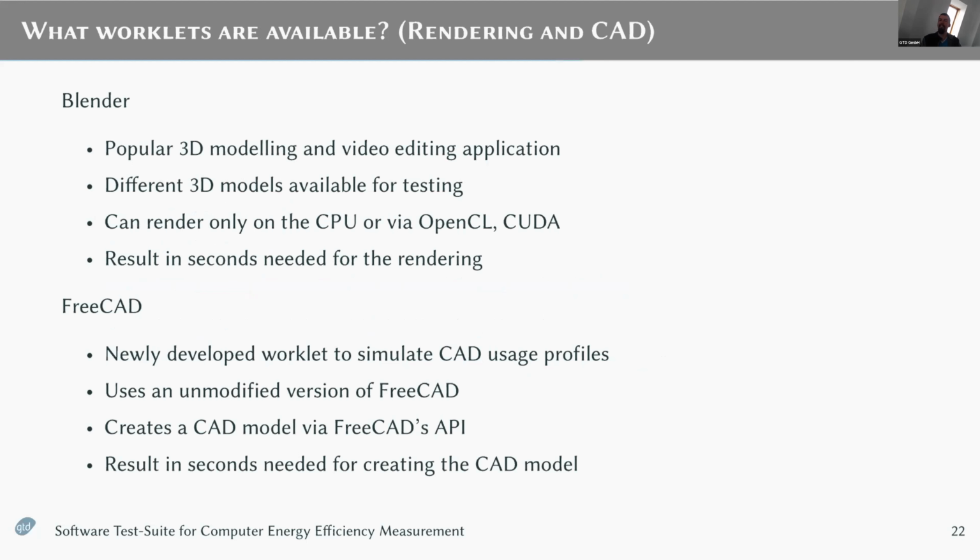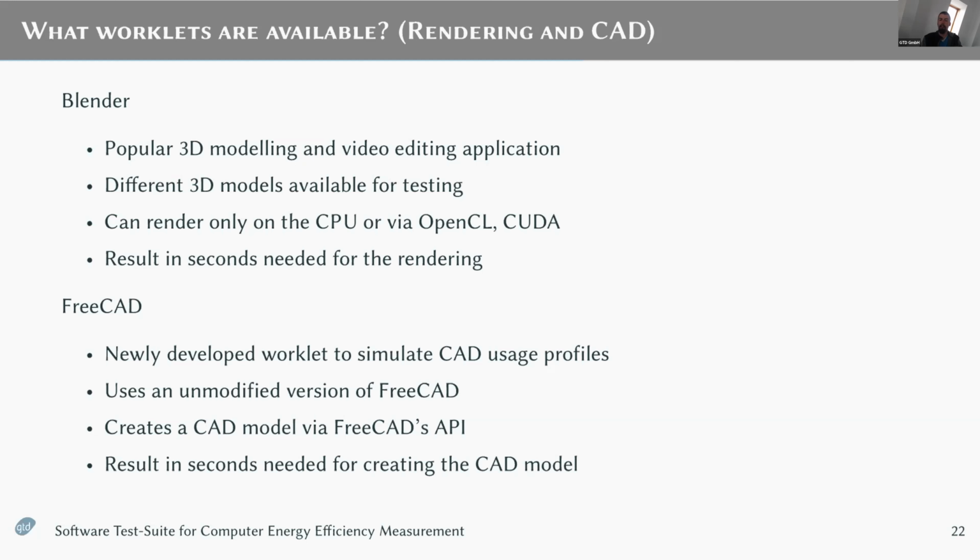So there is the worklet category rendering and computer-aided design. We have Blender for the rendering part. It's a quite popular 3D modeling software. It can also do video editing, but we use it for 3D modeling and rendering. It can render only on the CPU or with a hardware accelerator, similar to Handbrake.